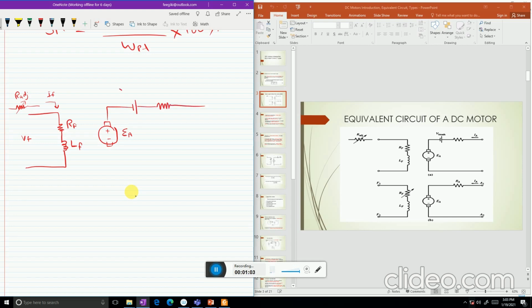Then there is the voltage drop on the brushes, and the armature resistance, applied V terminal, and this is the armature current. So that's how the equivalent circuit of a DC motor looks.